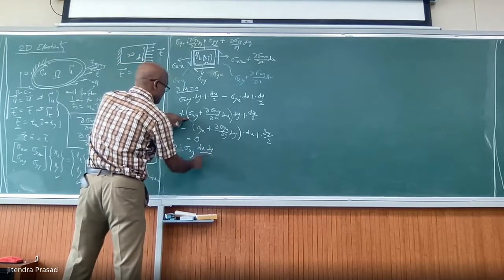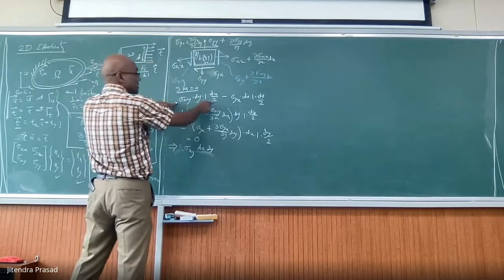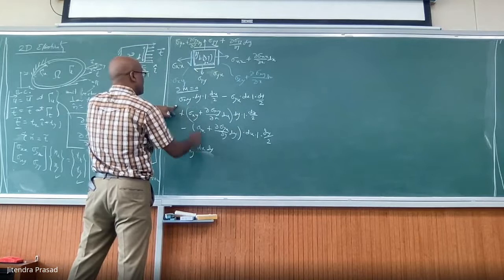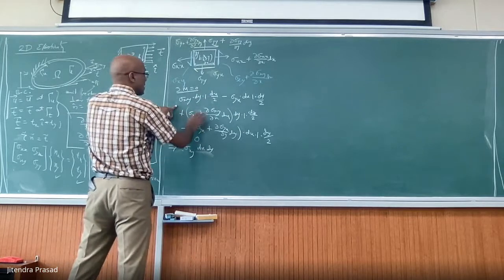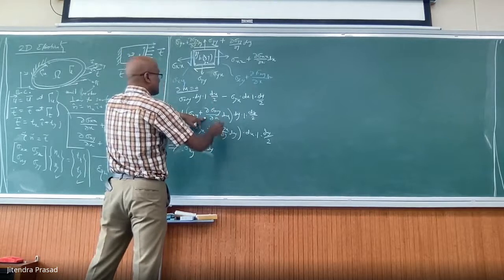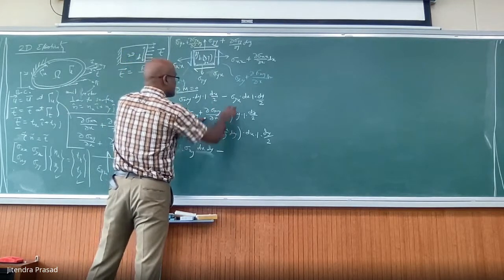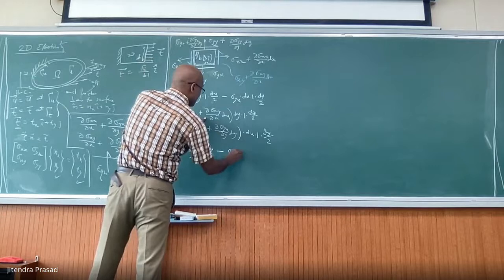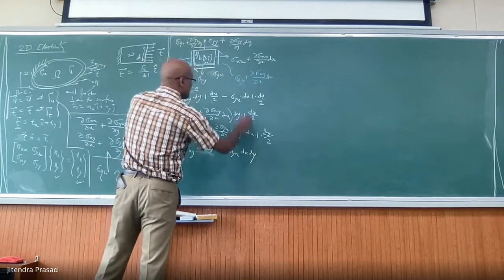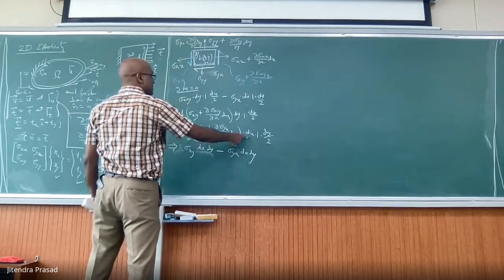It will be just this one, because half is coming from here and half from here; you add them together, the sigma xy dx dy. Then what do you have? Similarly, you have minus sigma yx, and similarly you have dx dy coming from here.